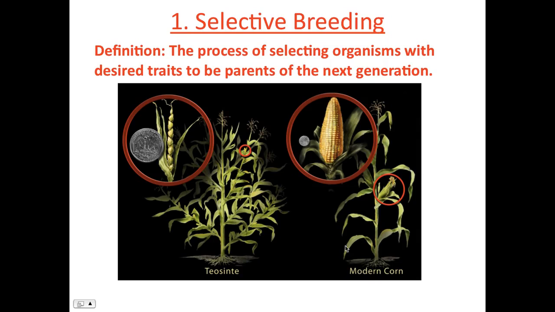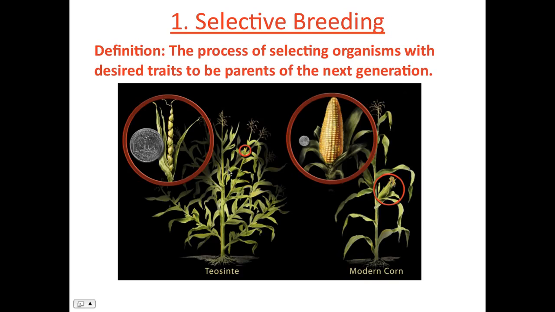But modern corn's ancestor from the wild, teosinte, the wild strain of corn, produces corn cobs that look like this. And for scale, here's a quarter. We've come a long way from producing very, very small corn cobs to very large ones.